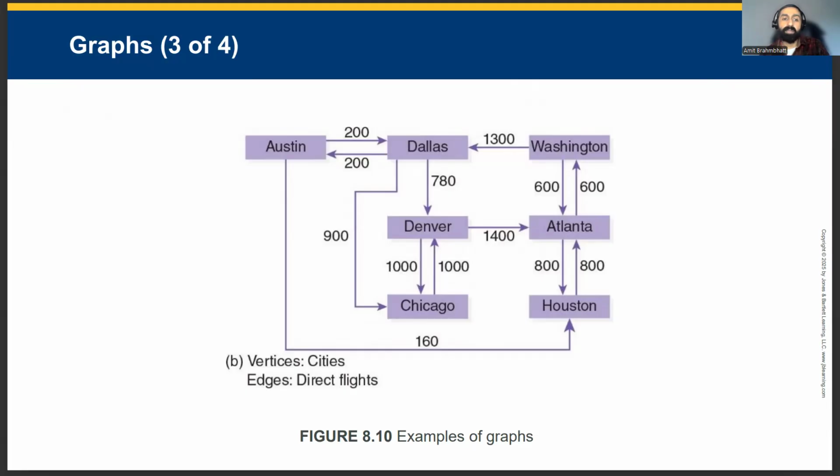Seeing multiple diagrams helps us visualize the many problem types that graphs can represent, from communication networks to dependency systems. In this particular graph, we see that the vertices are cities and edges are the direct flights between those cities.